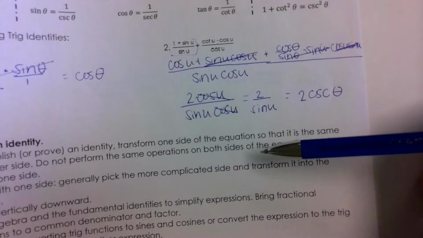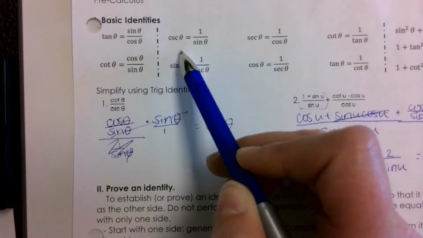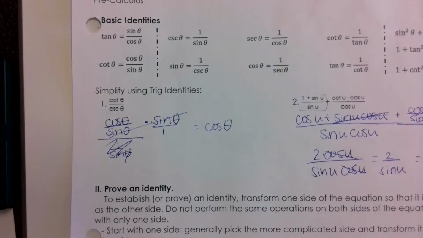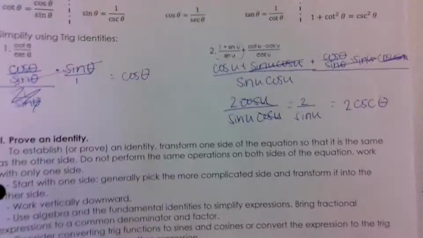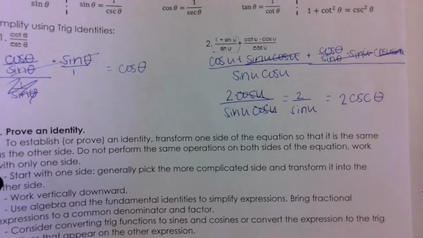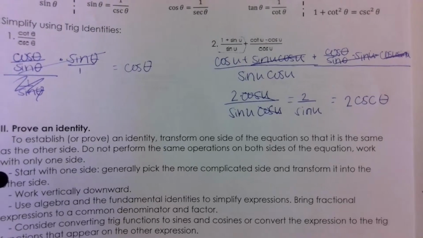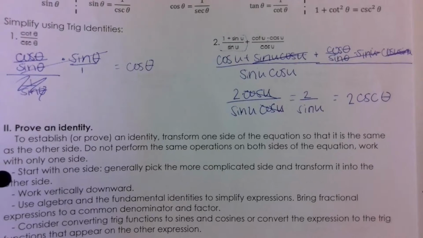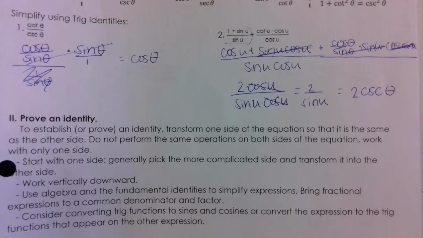Yeah, so that's just 2 over sine. And then 1 over sine is cosecant. So just pull 2 to the front, 2 times cosecant. And that's it. Questions? Alright, so we're going to do a lot of these. And we're going to do a lot of practice today, so please don't feel overwhelmed.